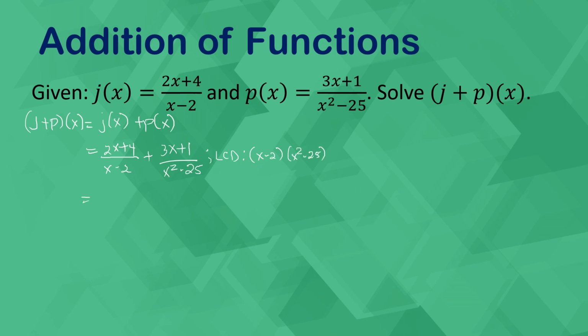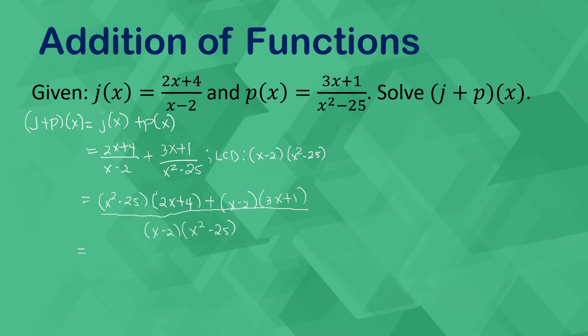Okay, so the LCD, x minus 2 and x squared minus 25 divided by x minus 2 is x squared minus 25 times the numerator 2x plus 4, plus the LCD divided by x squared minus 25 is x minus 2 times the numerator 3x plus 1, over x minus 2 and x squared minus 25. Okay, so we multiply all the binomials.